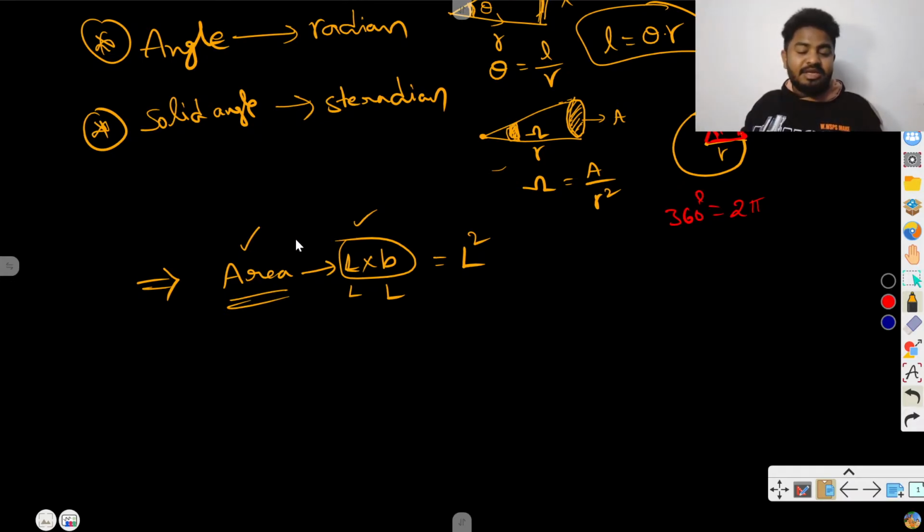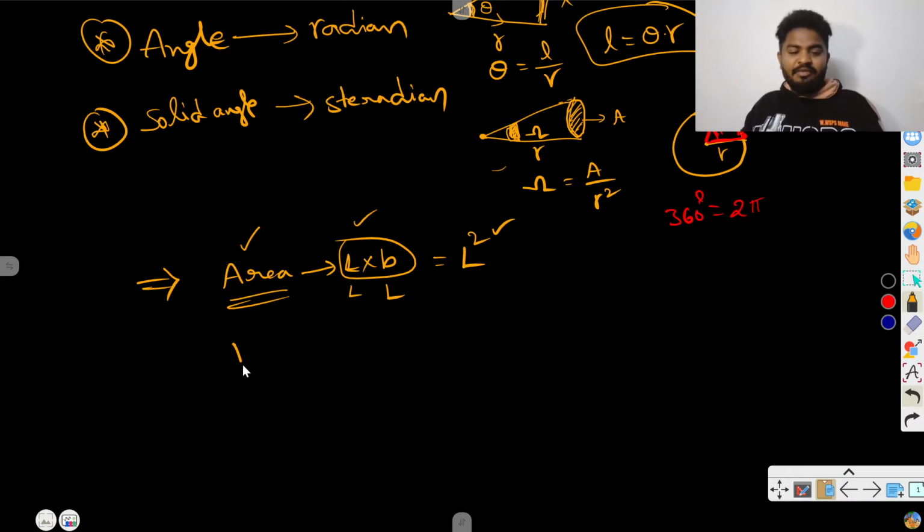And if you observe carefully, to derive the area, I have utilized length 2 times. Then its dimension is 2. So dimension formula is nothing but how many times the fundamental physical quantities are raised to represent those physical quantities.